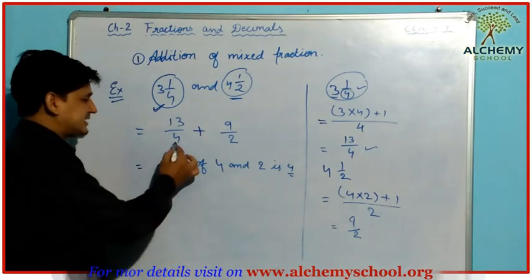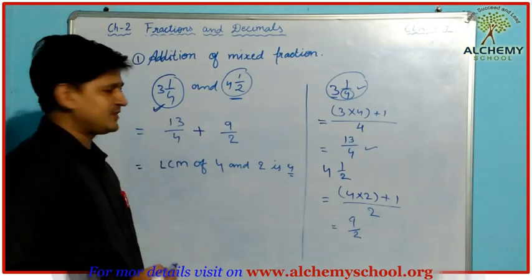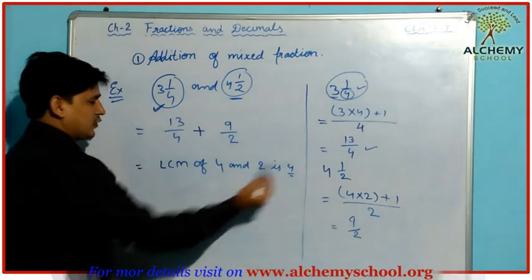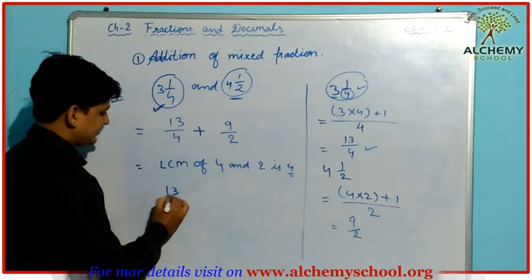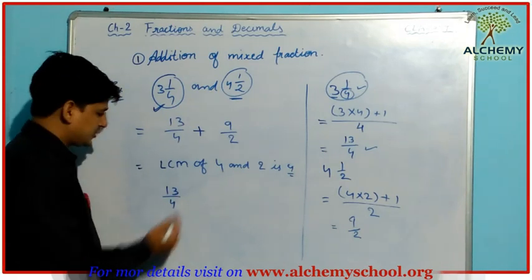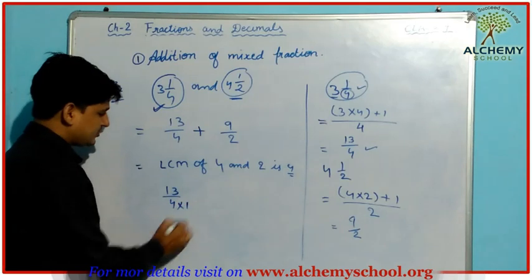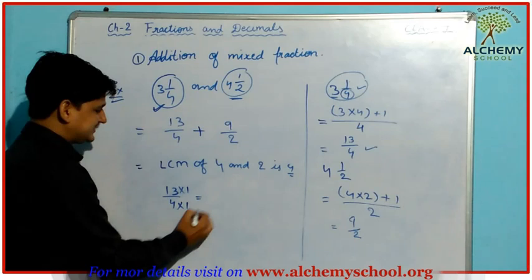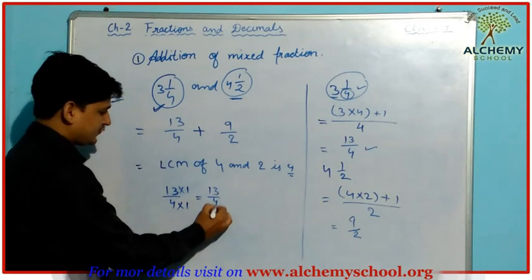So we have to change the denominators and make them equal as 4. So 13 upon 4: here the denominator is already 4, so we can multiply it by 1. At the same time the numerator can be multiplied by 1 and we find the same result, 13 upon 4.